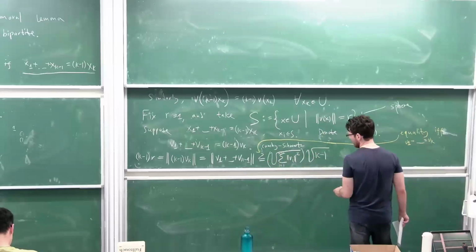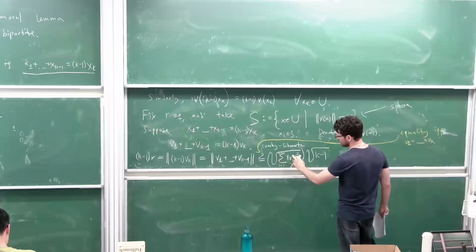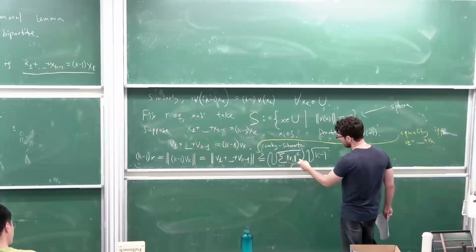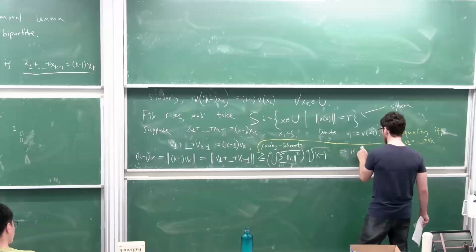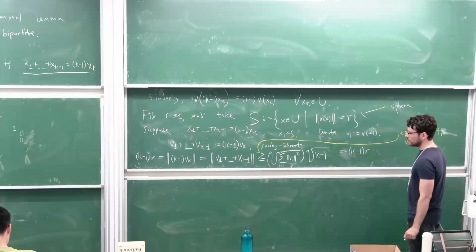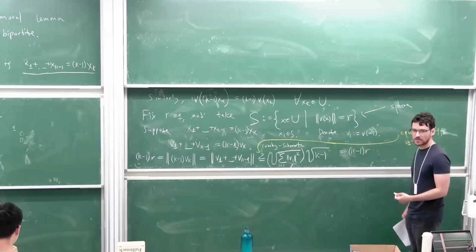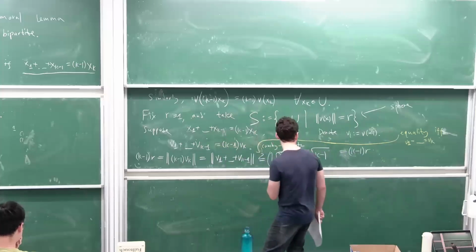Now here we have, all of these numbers are r squared. We have k minus 1 times r squared, and we take the root, so we have another square root. So this is k minus 1 r. And so we actually do the equality. We see that both of the sides are equal.